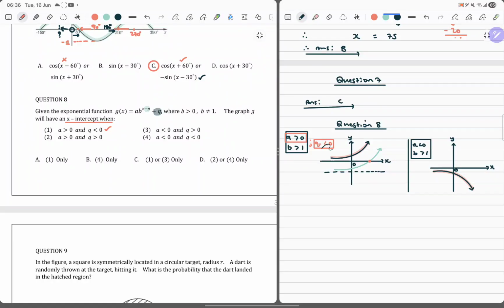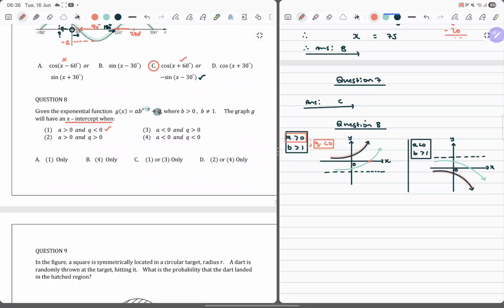Now when we consider the horizontal asymptote shifting, we can only achieve an x-intercept if this goes up here somewhere. So if our asymptote goes up there, then it means our graph is going to do stuff like so. Right.